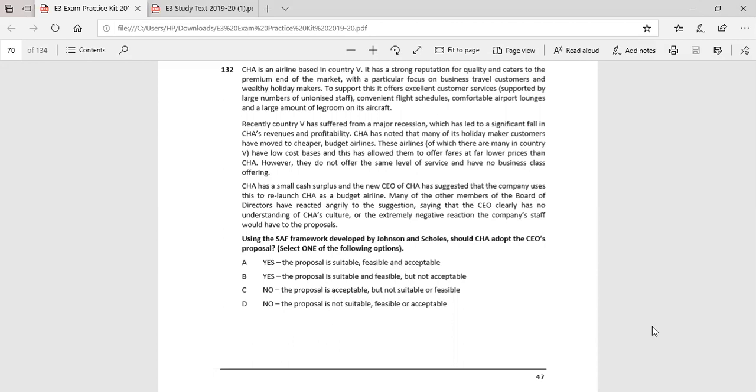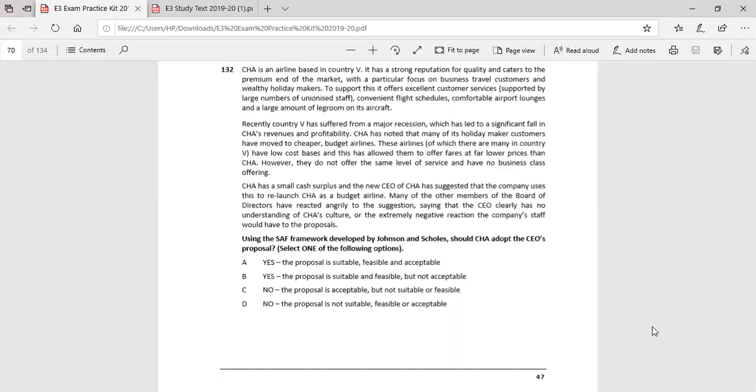Recently, country B has suffered from a major recession, which has led to a significant fall in CHA's revenues and profitability. CHA has noted that many of its holiday maker customers have moved to cheaper budget airlines. These airlines, of which there are many in country B, have low cost bases, and this has allowed them to offer fares at far lower prices than CHA. However, they do not offer the same level of service and have no business class offering.